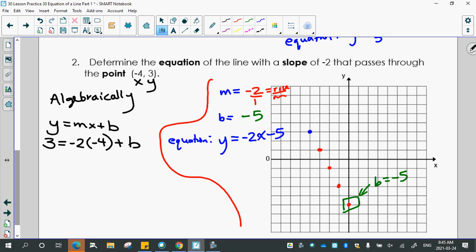So the only thing I don't know is the y-intercept b. Okay? So we know it should end up being -5. So let's show that it does end up being -5. -2 times -4 is 8 plus b.